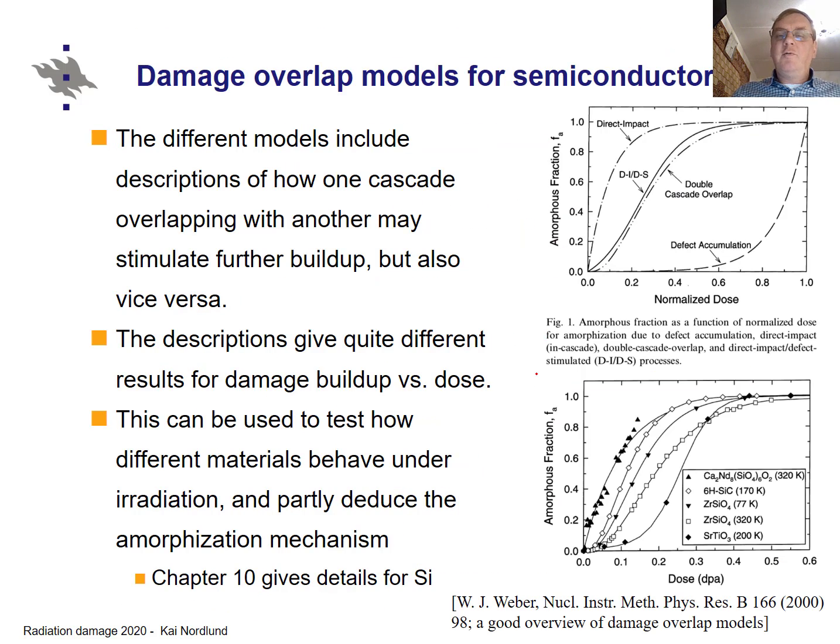What damage overlap means, if you look at the bottom graph, is that if you measure the amorphous fraction as a function of dose, which can be done with RBS channeling or other methods, then depending on the system you get something like this: first some increasing damage, then at some point in most materials the rate of increase grows, and then the damage starts to saturate, because obviously you can't have an amorphous fraction higher than 100% if everything is amorphous.